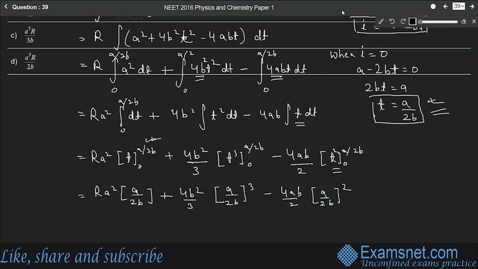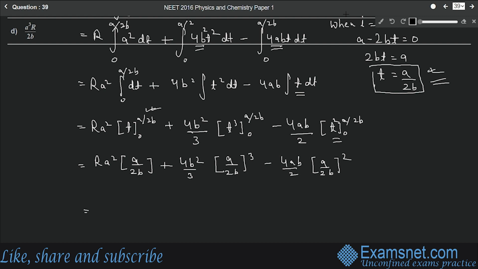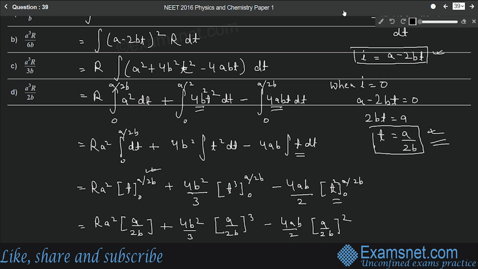Now you simply have to solve it and on solving it finally we'll get A cube R by 6b. This is the total heat produced, A cube R upon 6b. So let's match: option number B is the correct answer.